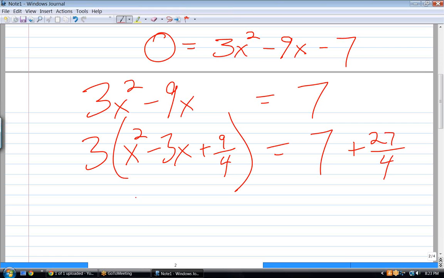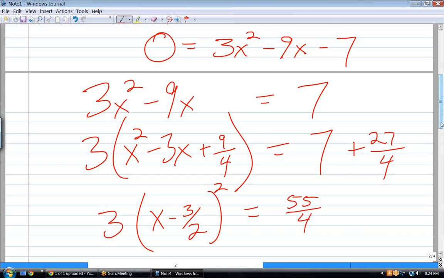It doesn't really matter. But the primary thing is we want to represent this as x minus something squared. So let's do that while we're thinking of it. Okay, then you'll see x minus 3 halves squared equals, let's see, we have 28/4 and 27/4. Sounds like 55/4.